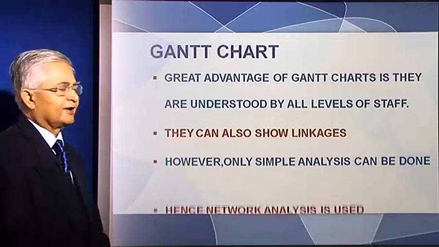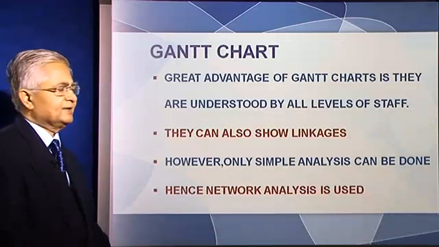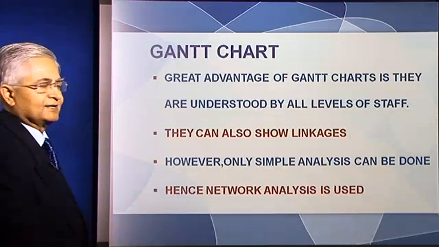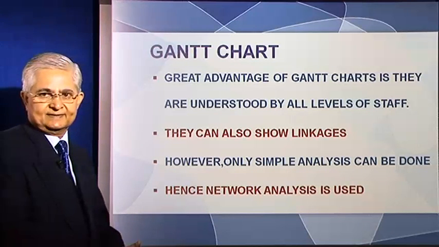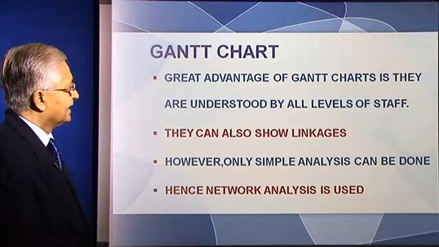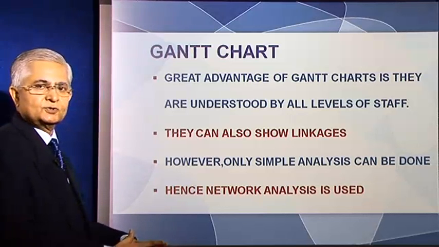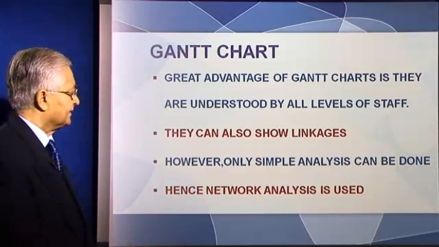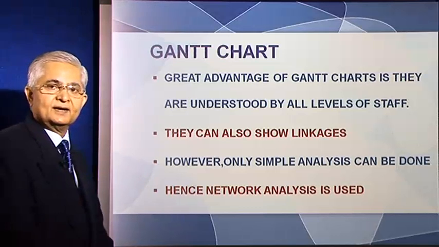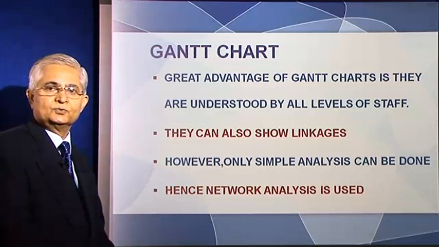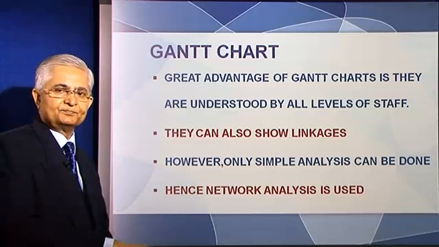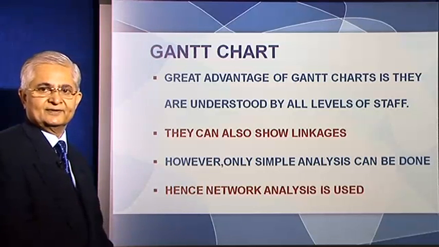The one big advantage of the GANTT chart is that it's very easy to understand, right? It also shows the linkages between activities. However, the disadvantage is that we can only do analysis at a very preliminary level.